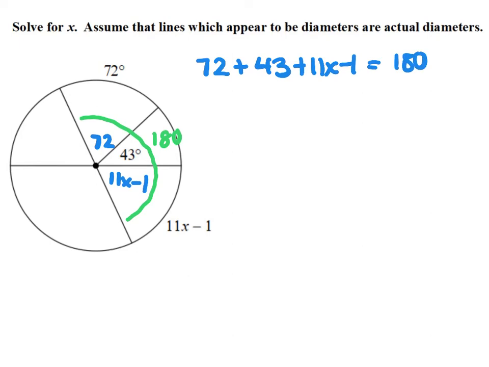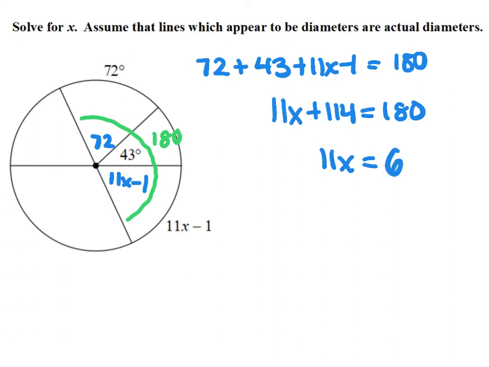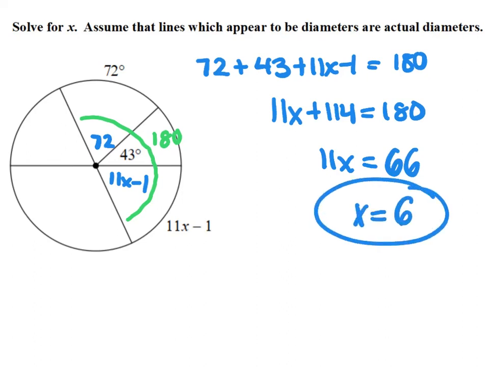So if you simplified, you'd have 11x plus 114 should equal 180. So you'd have 11x equals 66. So x equals 6 as your final answer.